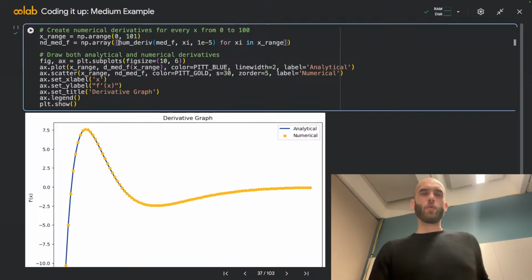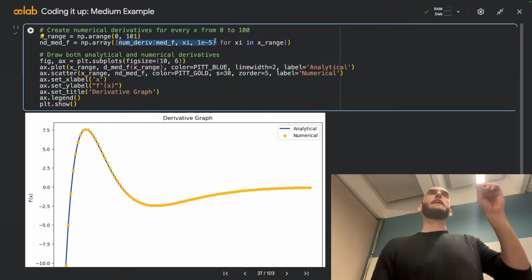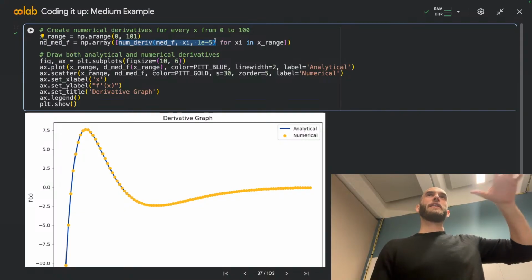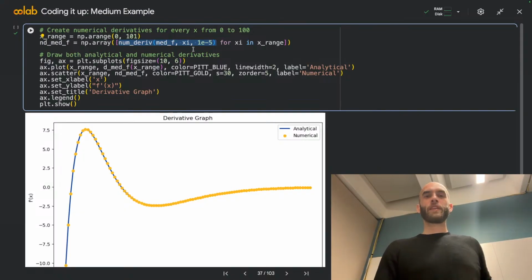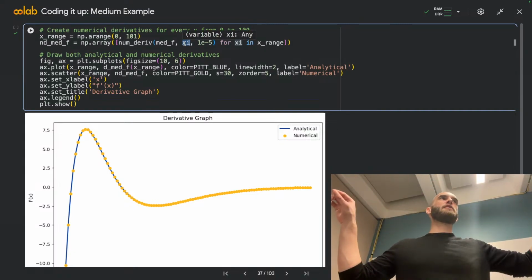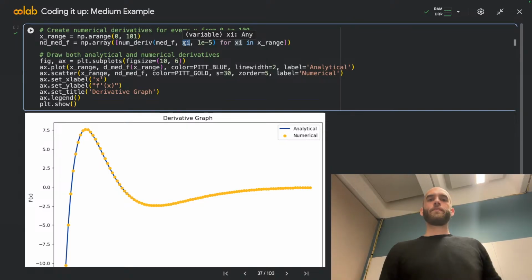So we're going through, and this is our numerical derivative function that we had set up at the very beginning, right? This is the function we defined. I'm giving it medium f, which is our medium function that we had defined earlier. I'm giving it xi, so this is just different values of x on the horizontal axis. And then this is our epsilon.